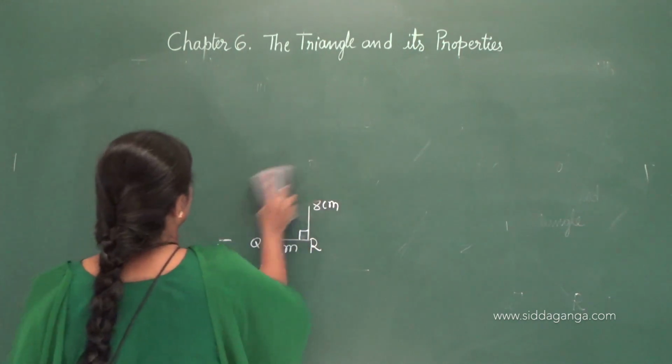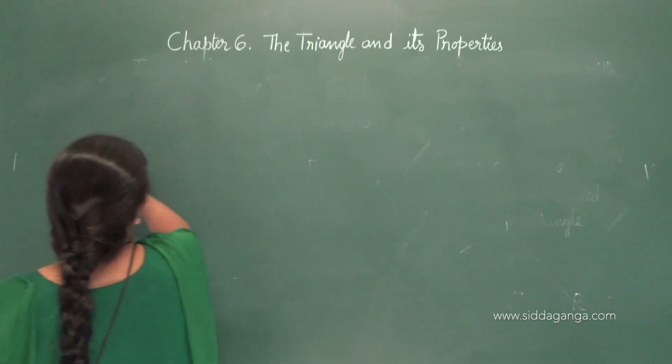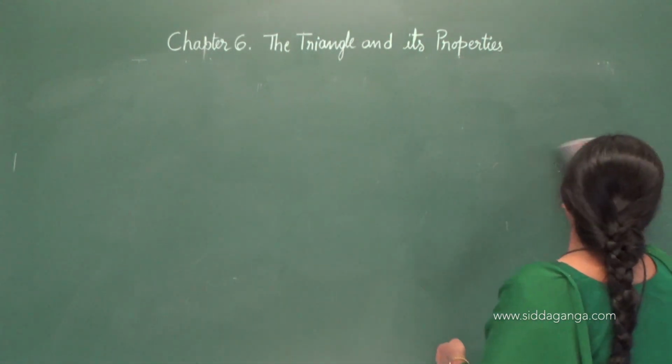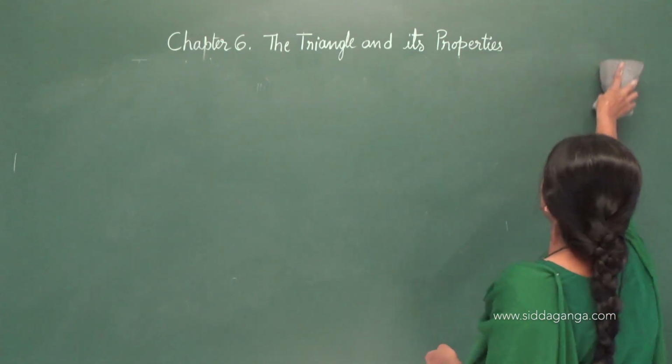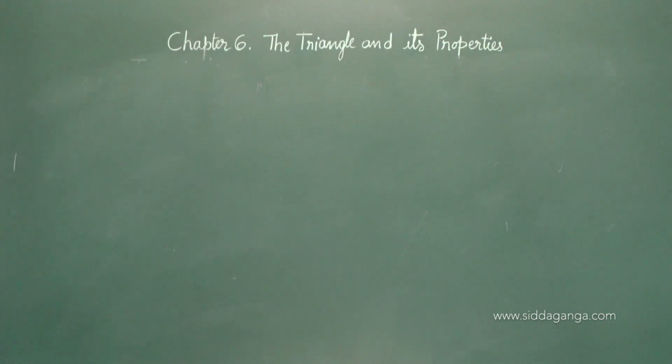Median of a triangle. Median, it means a midpoint of the line segment. Median means it's a line which shows the midpoint of a line segment.